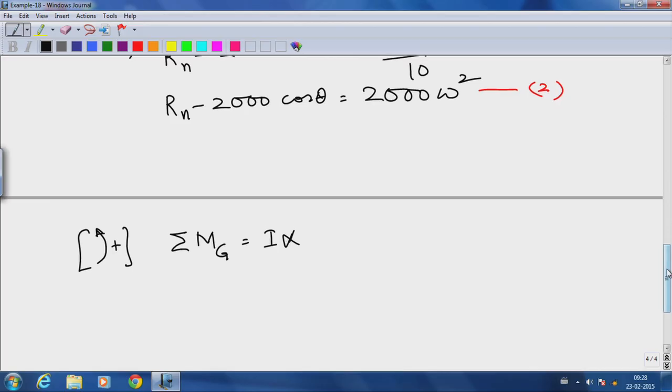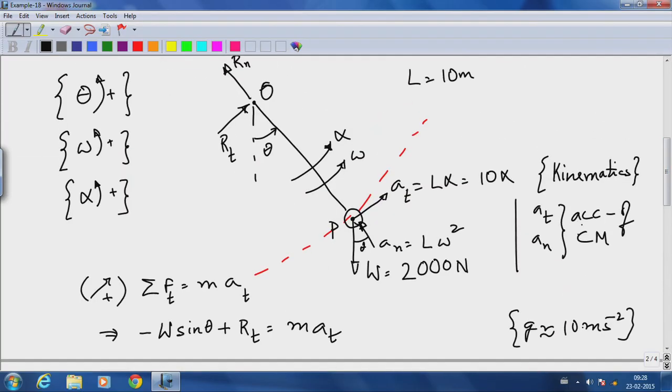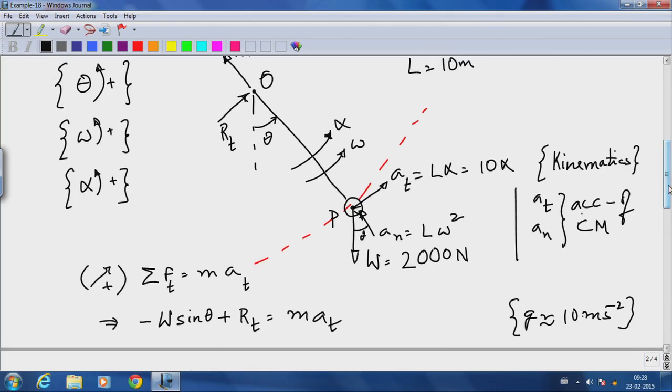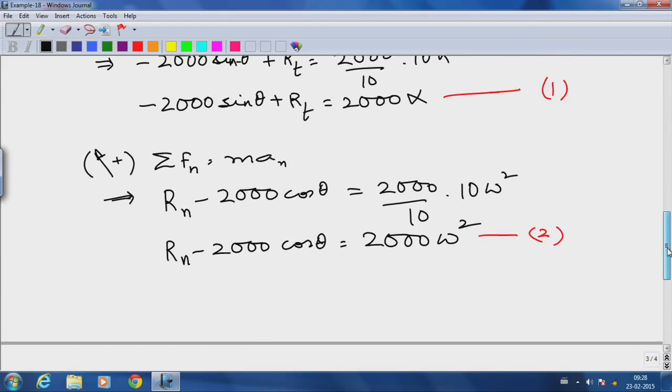If I go back for a moment, this is my center of mass, which we said is G, and there is no other weight in the problem. The center of mass at P happens to be a point particle. We are modeling the motorcycle plus the rider as a point particle, therefore its moment of inertia about the center of mass itself is 0.